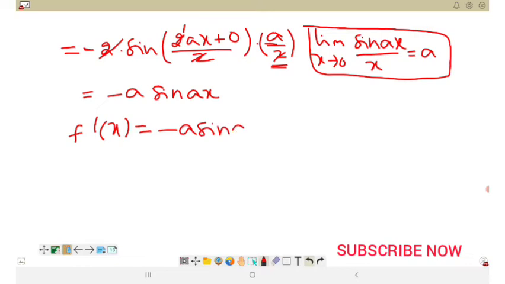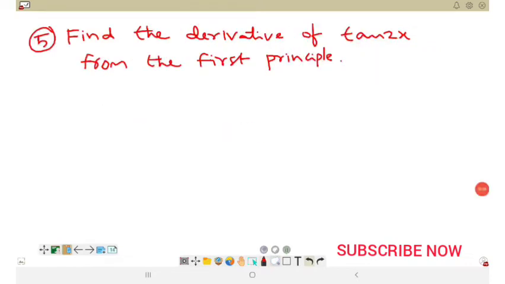Next one, find the derivative of tan 2x from the first principle.